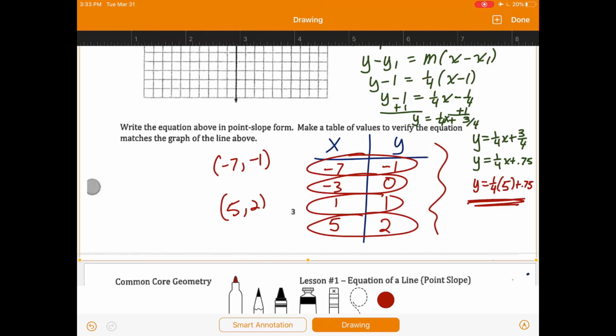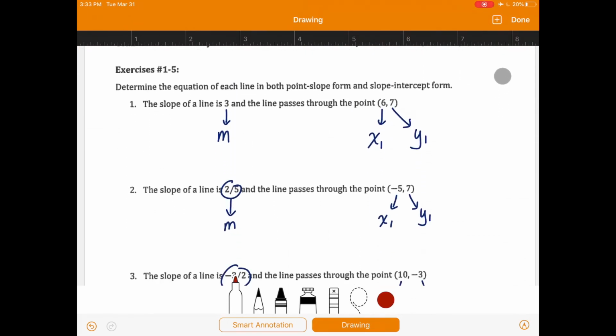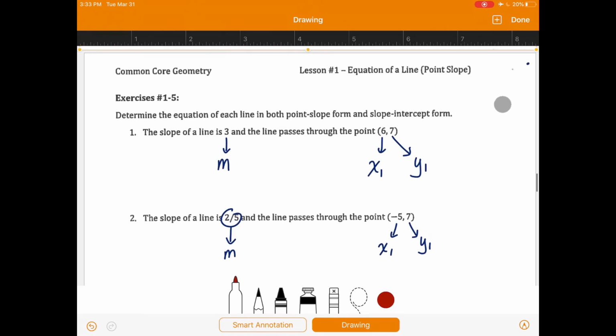So what I want you guys to do is try the next page on your own, okay? If you're stuck on anything, I've written out the important parts over here. You're going to plug into this formula, the same one we've been doing for the entire lesson.